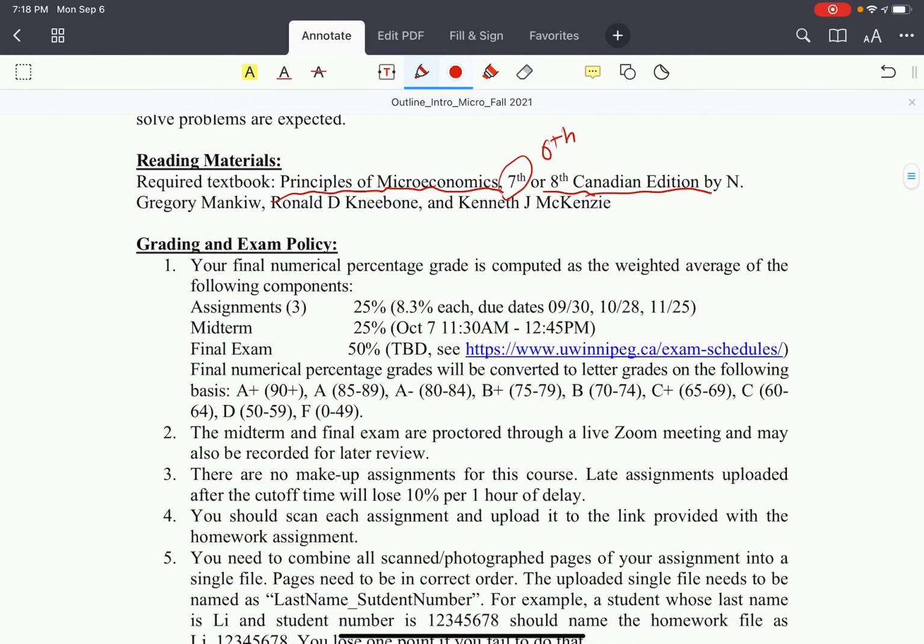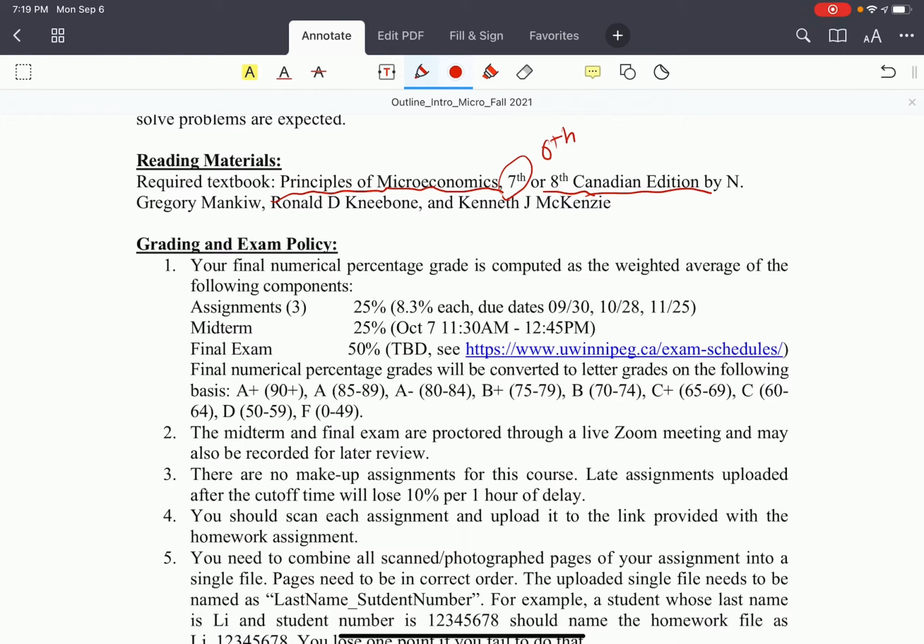Okay, now let's talk about the exam and homework policy. I know this is the important part. We have 3 homework assignments. The total percentage of your homework assignments would be 25%. So it's a sizable percentage, right? My expectation is you should try your best to get an almost perfect mark in your homework, because this is the easy 25% for you.